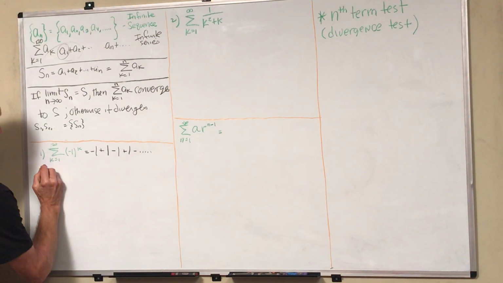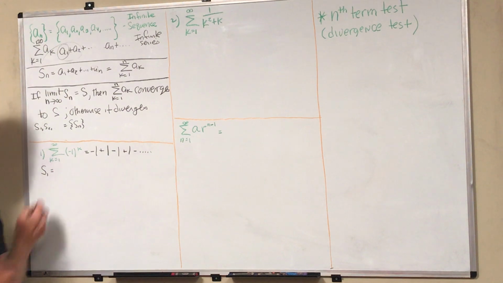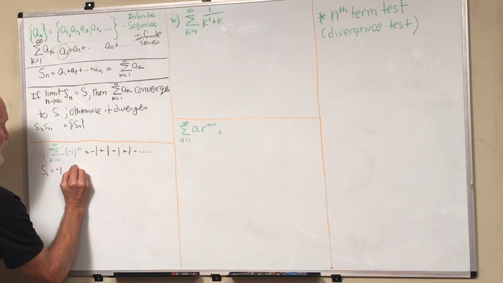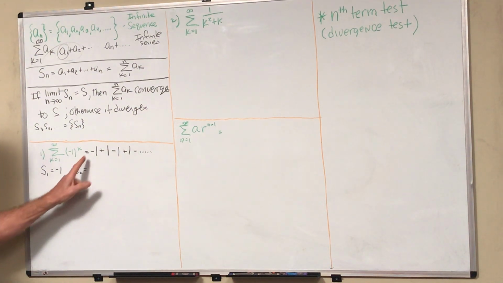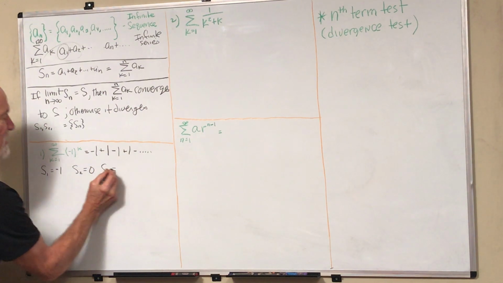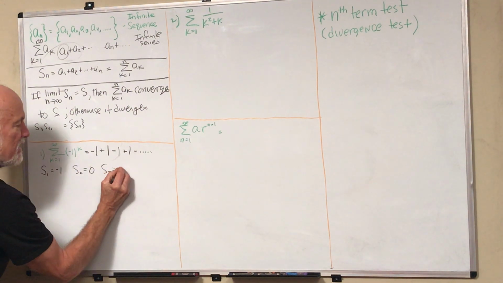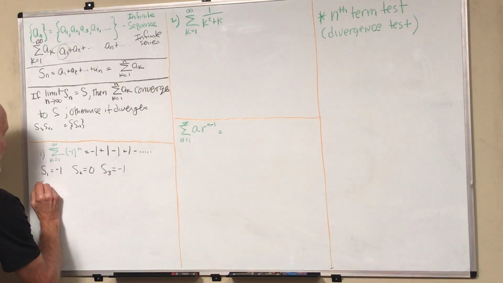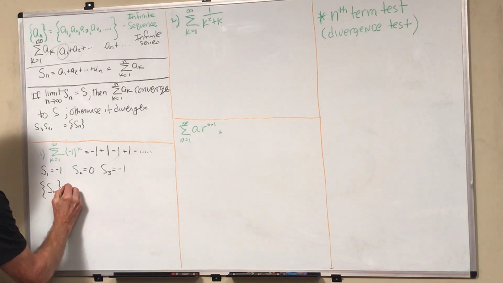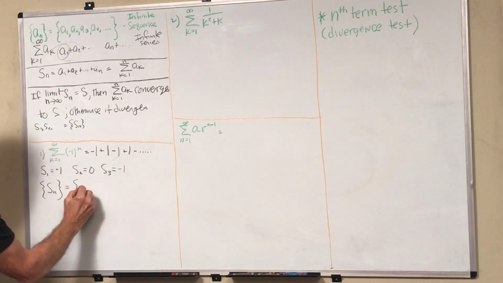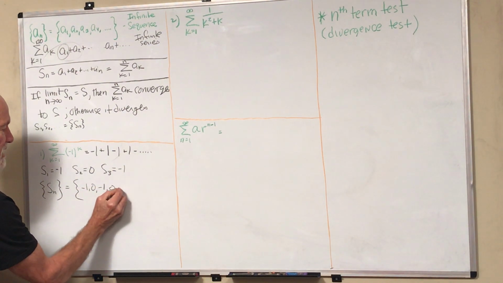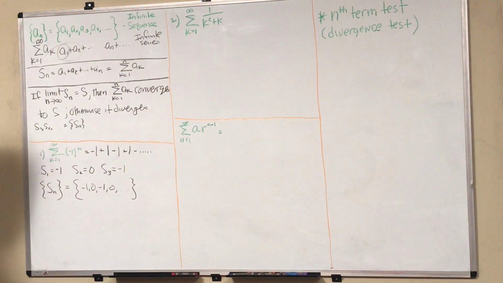So if you looked at the first partial sum, you just get negative 1. If you look at the second partial sum, it's negative 1 plus 1, or 0. S sub 3 is going to be adding the first three terms, and you can see that this sequence is going to be negative 1, 0, negative 1, 0, and it's just going to keep doing that.